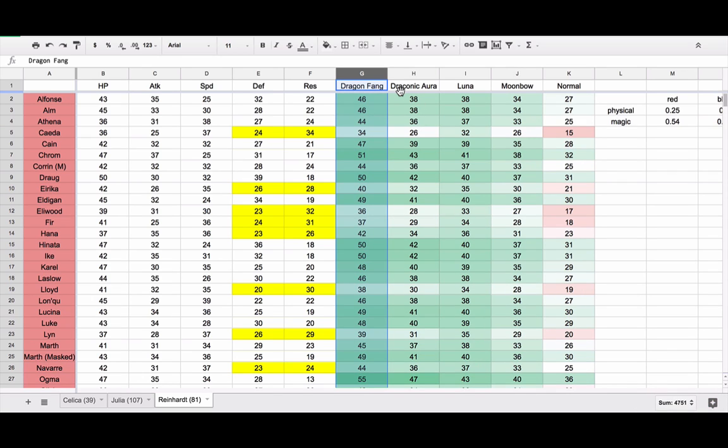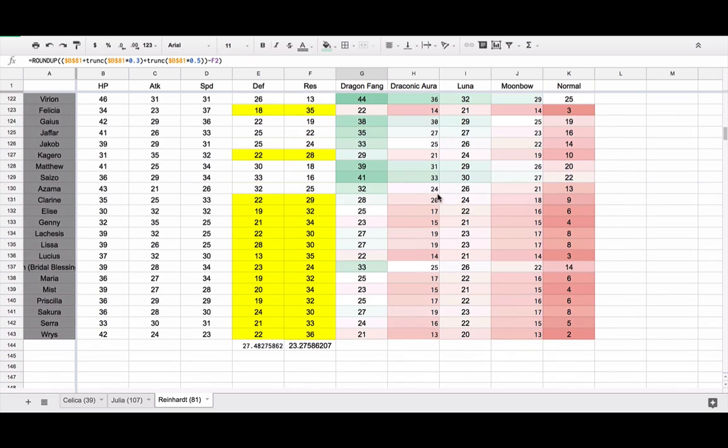I have made damage calculations for Reinhardt, so this is using Reinhardt's stats. It has weapon, it has all the rounding, this is the formula I put in. It changes later on, because when I get down here, I just have base attack. This part here represents weapon advantage.